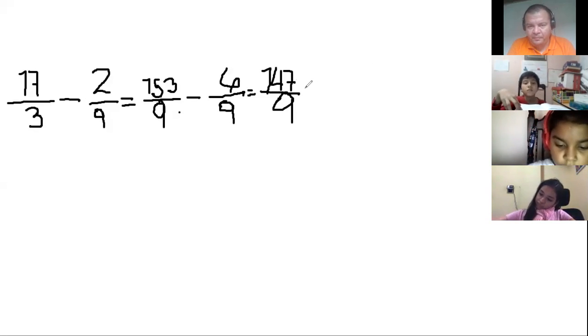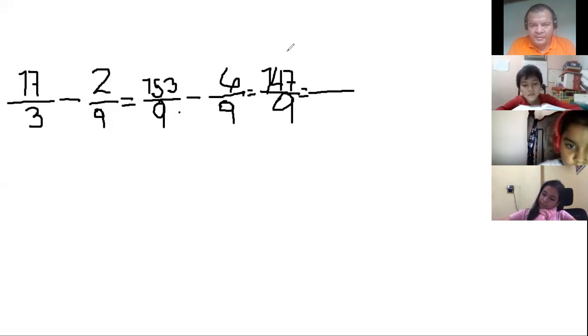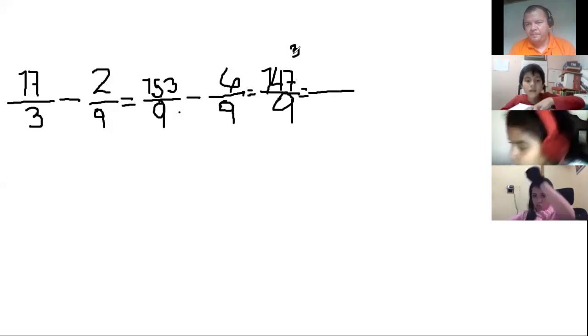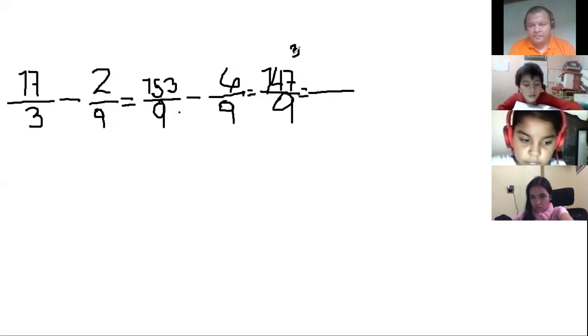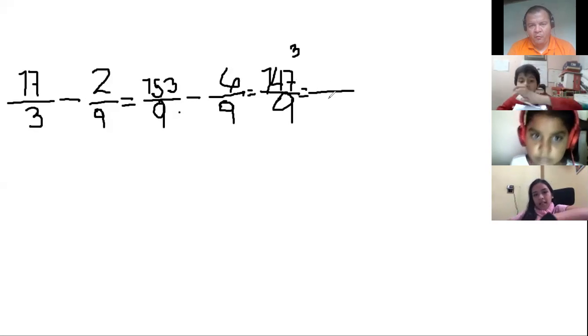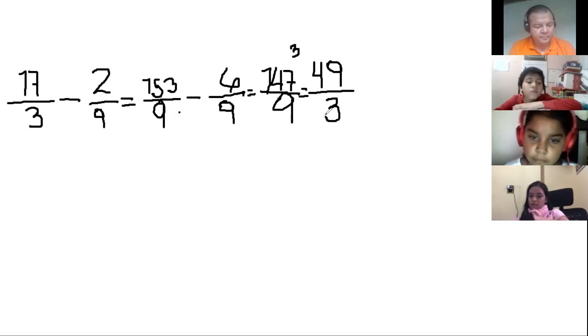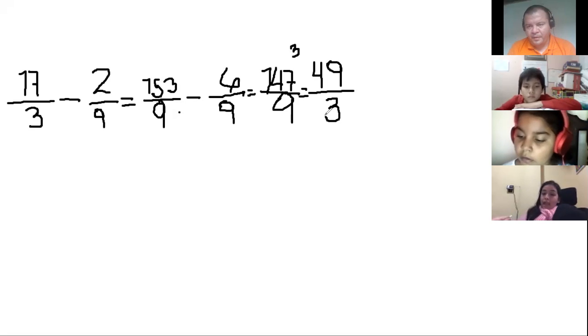Yes, I can simplify. I can simplify by 3. Both numbers are multiples of 3. So 147 divided by 3 is 49. And 9 divided by 3 is 3. And that's it.